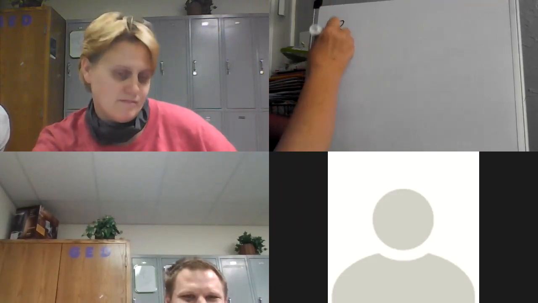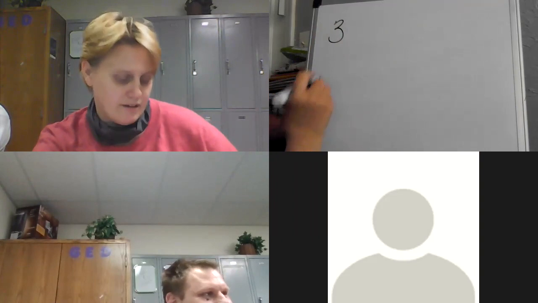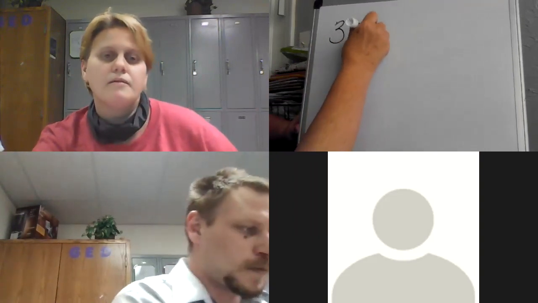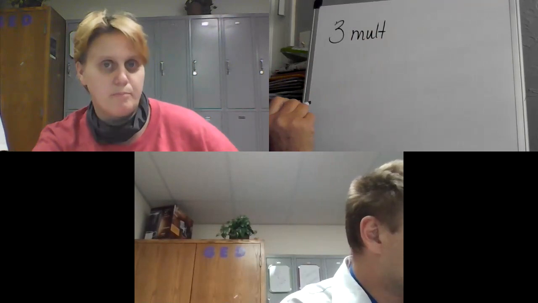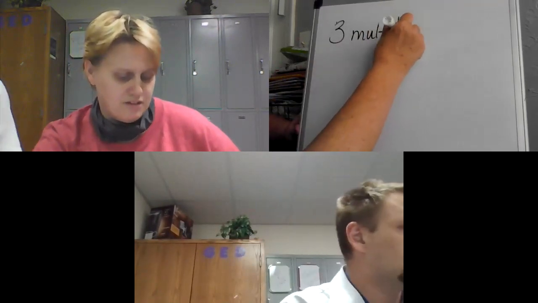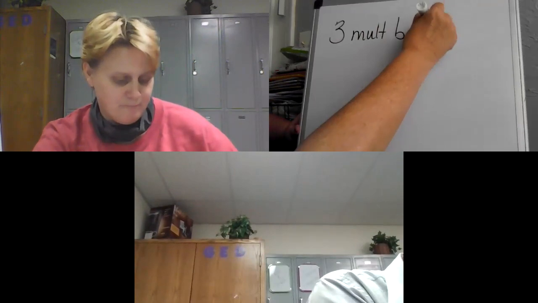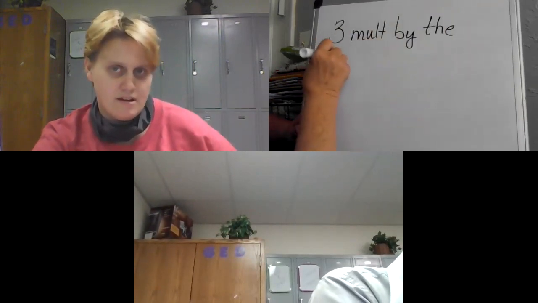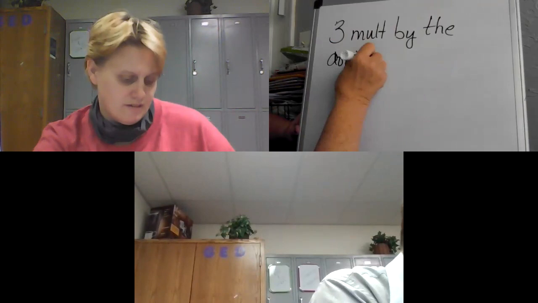I need for you to write this down. It's a problem. Okay. It's 3 multiplied. Did you say 3? Yes, ma'am. Okay, keep going. Multiply by the double of x.